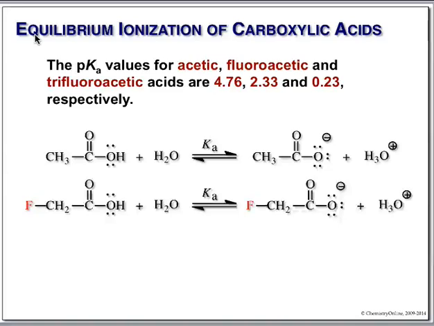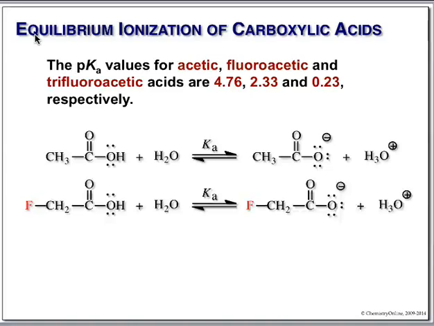Fluorine is very electronegative, isn't it? That means that it's going to remove electrons from our anion. If it removes the electrons, it makes this more stable. Hence, this is a stronger acid. pKa drops from 4.76 to about 2.3.